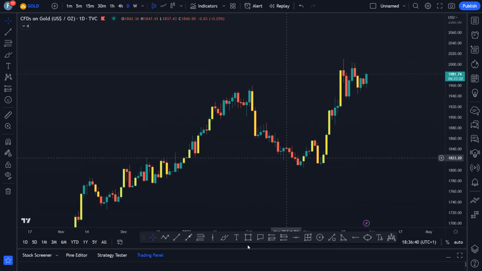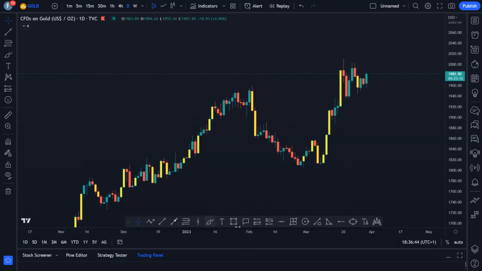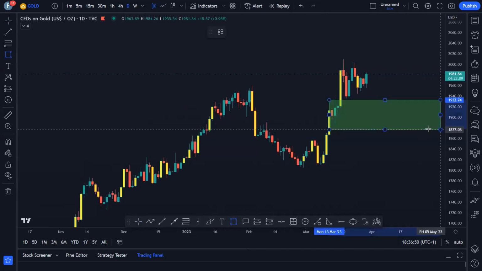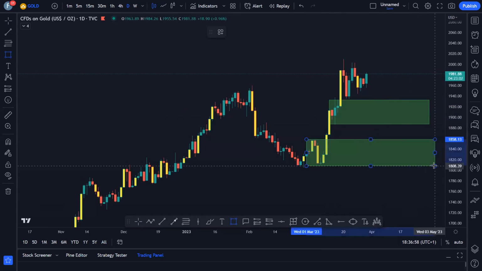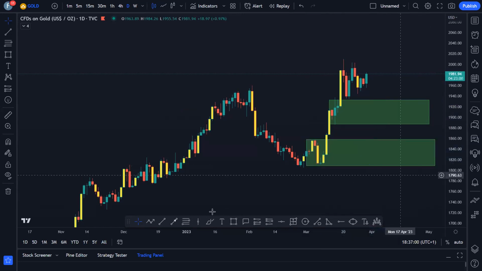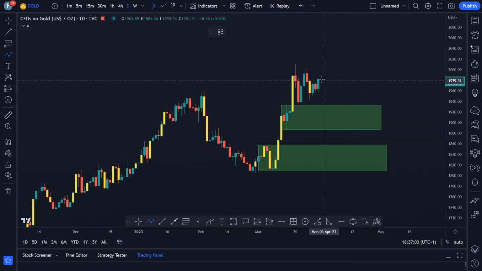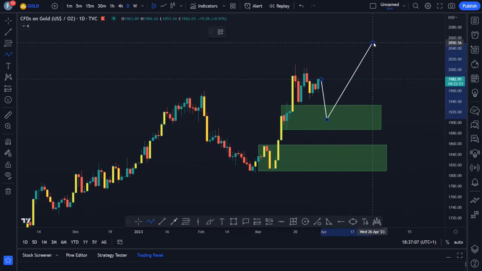Okay, so over here, we have a couple of demand zones on this impulse leg here. This is a demand zone. We have demand here, and we have demand here. So if price should retrace into this zone, we can look for buys.